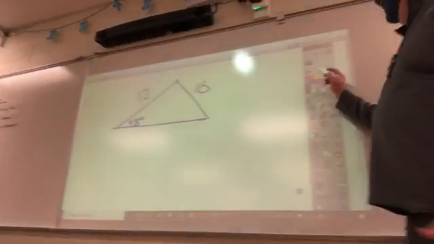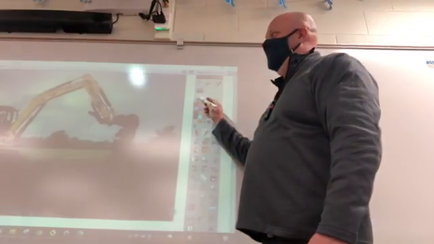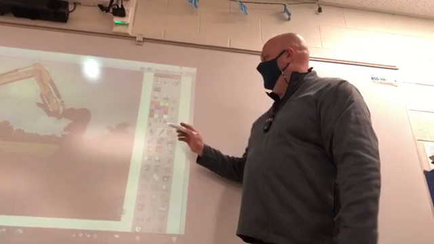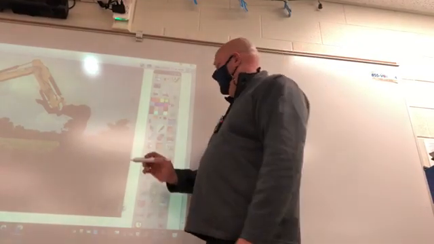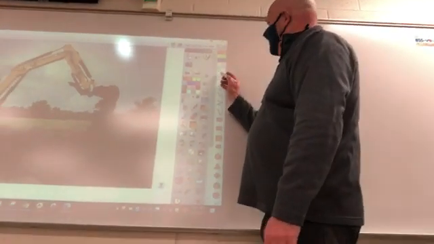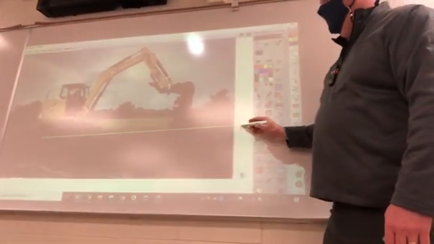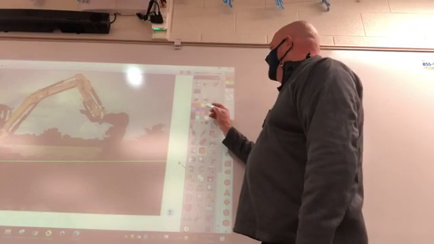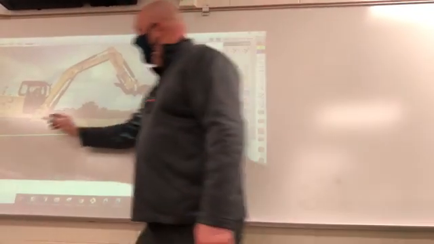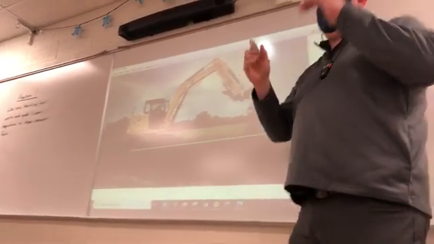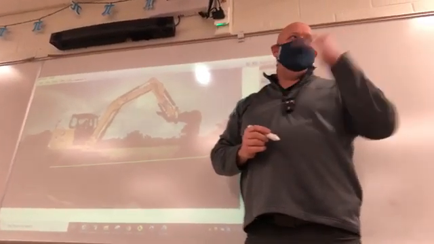The easiest way I can have you picture the problem is to think of an excavator, okay? I want you to think of the ground right here, okay? Think of this angle right there as locked in place. You can't move that angle, okay?